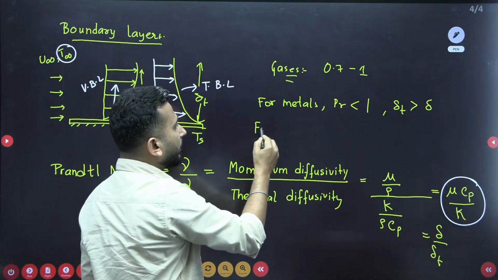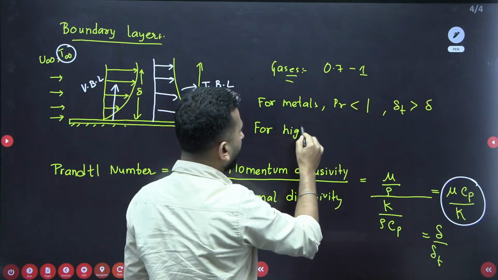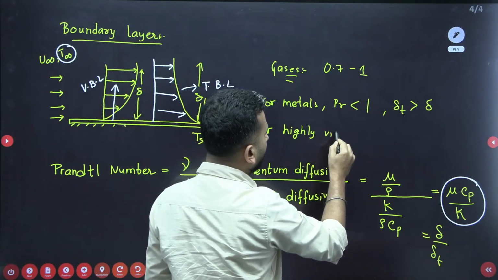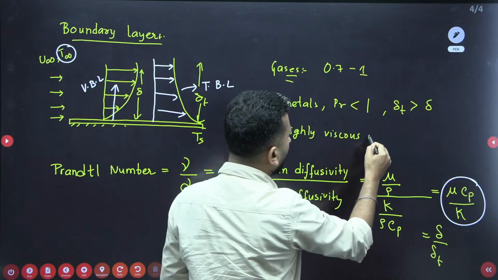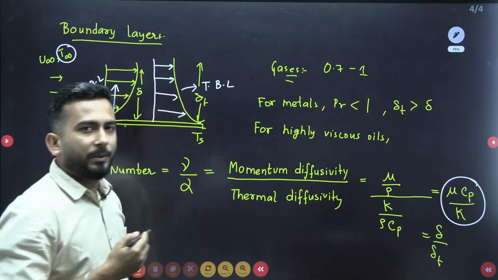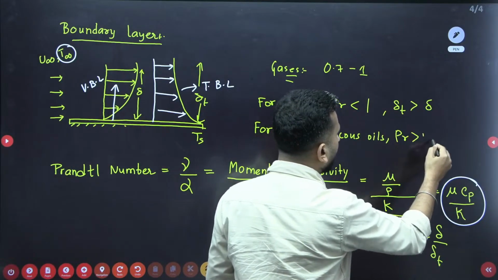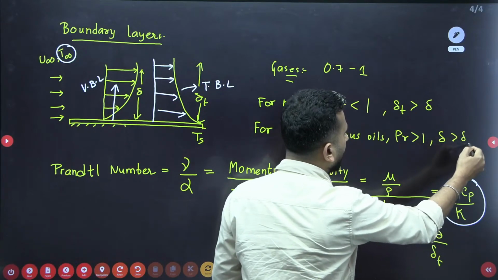And for highly viscous oils, mu will be very high. So the Prandtl number is greater than 1, and I can say that delta is greater than delta T.